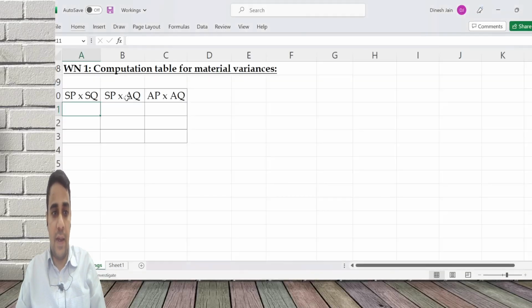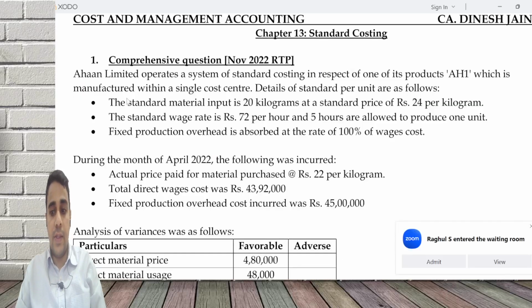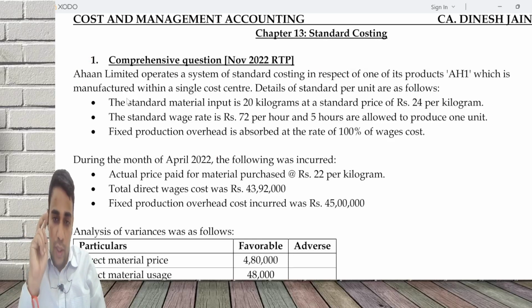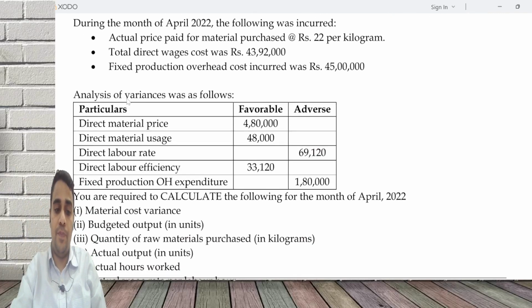Let's fill whatever is available. Standard material inputs: for 1 unit you need 20 kg of raw material. We need actual output. Standard quantity is always computed with the help of actual output. I don't see actual output in the question. In fact, that is one of the requirements of the problem.